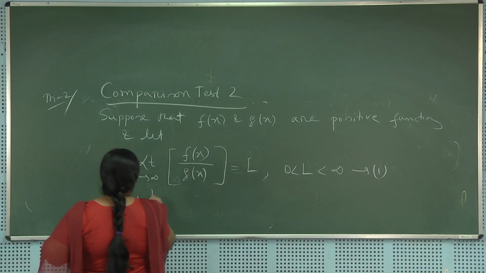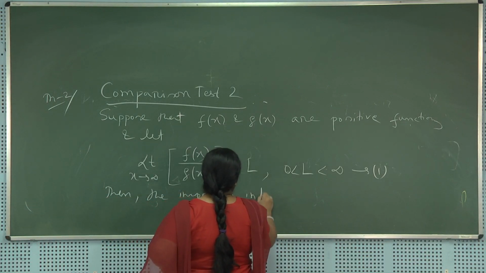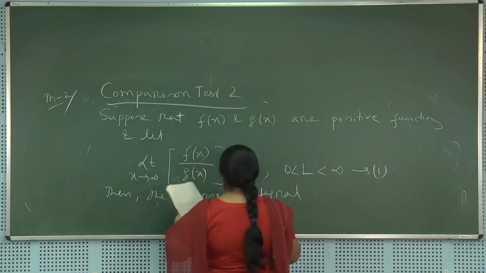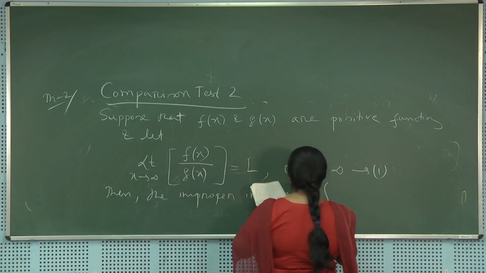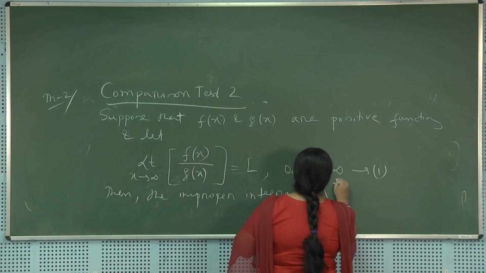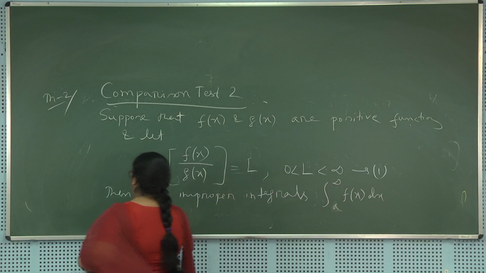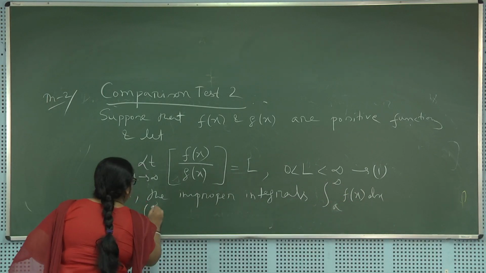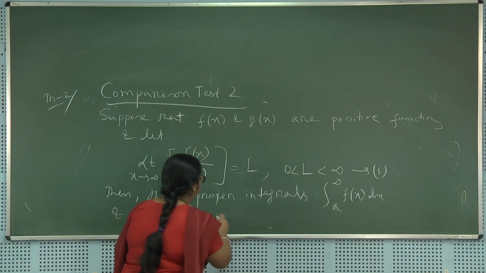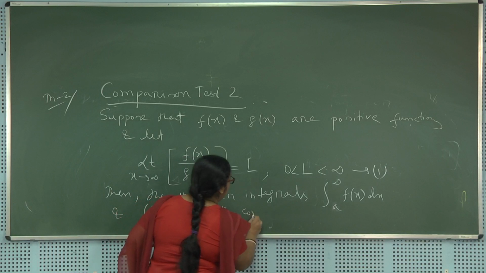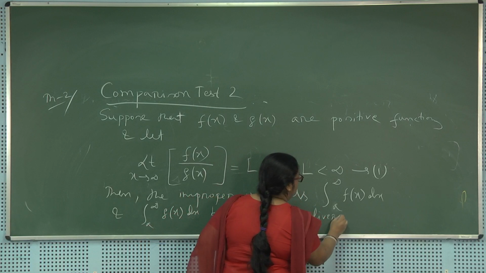Then the improper integrals a to infinity f(x) dx and a to infinity g(x) dx both converge or diverge together.